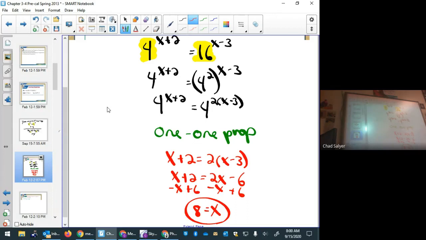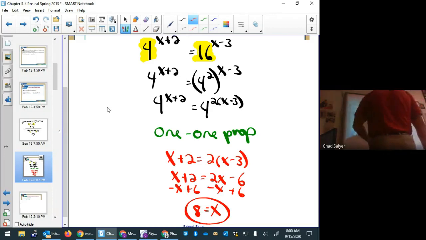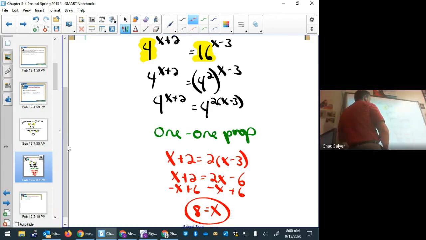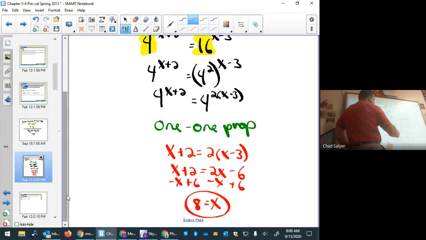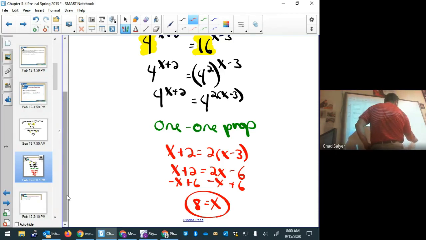Because whenever I get 12 equals negative 2x, which is 2x equals negative 6. So I've set the two exponents equal to each other. And in the case on the right side, I have to distribute this 2. So that's where the 2x minus 6 comes from.